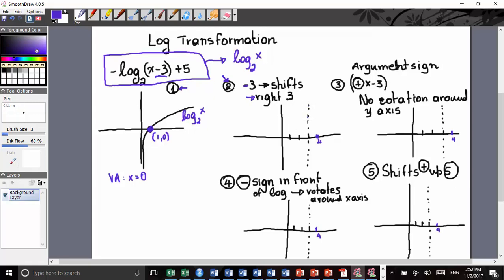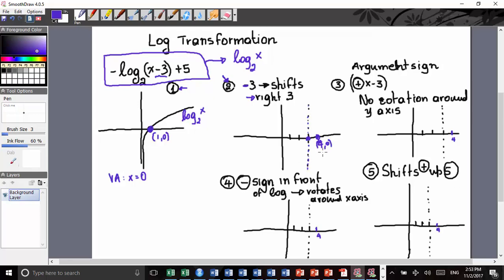So by moving to the right, what is affected is the curve that shifts to the right by 3 units. The x-intercept, from what it was before, (1, 0), now is going to be (1 plus 3, 0), the number of units that we add.